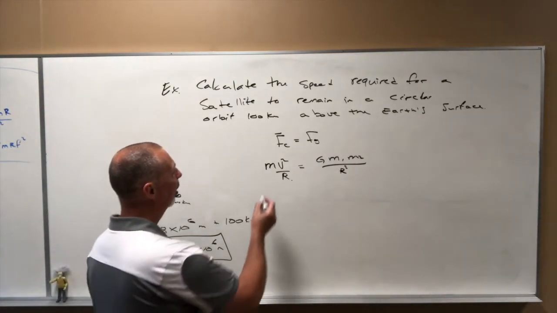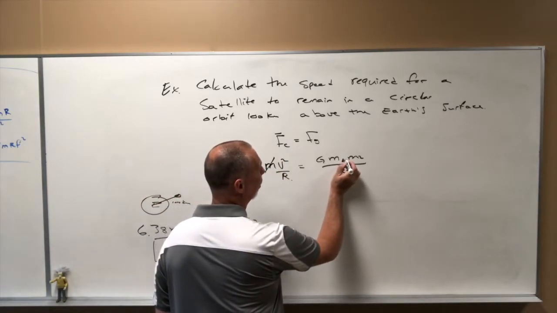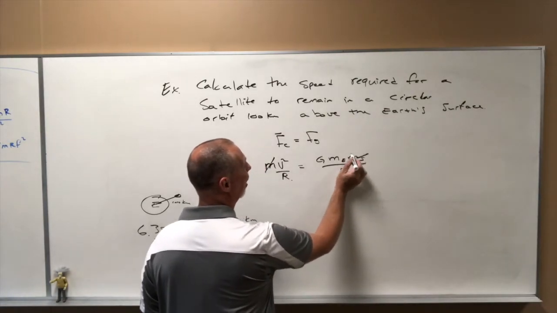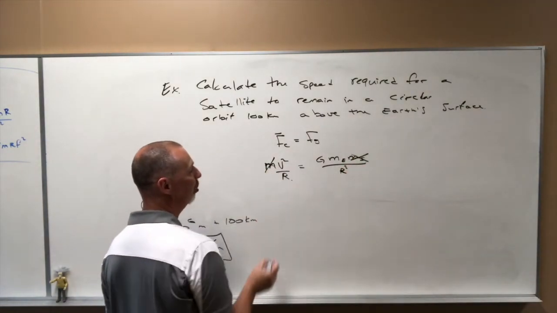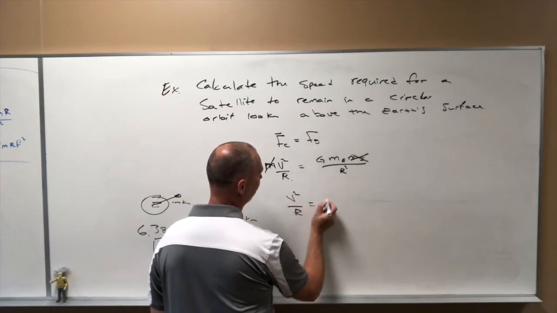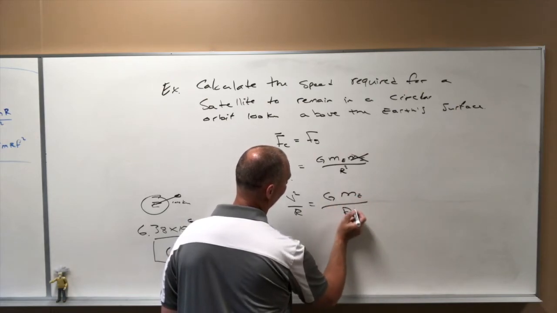Now we know that this is the mass of the satellite, this is the mass of the Earth, this is the mass of the satellite, and so the mass of the satellites cancel out, leaving us with v squared over r equals G mass of the Earth over r squared.